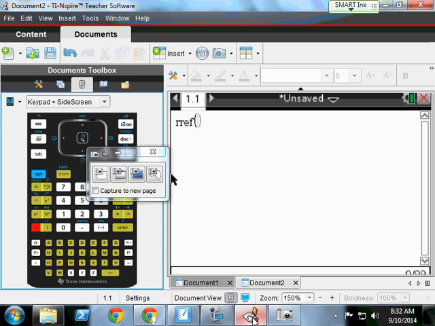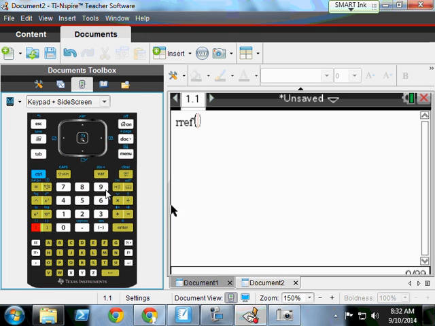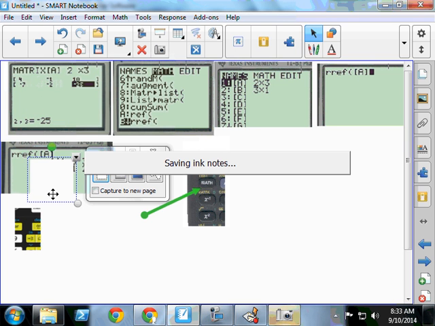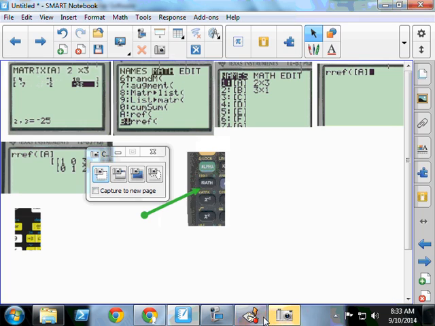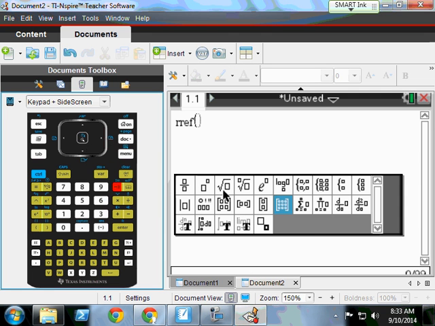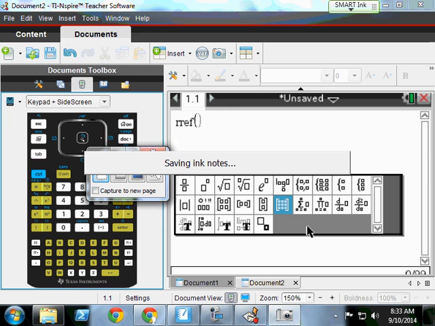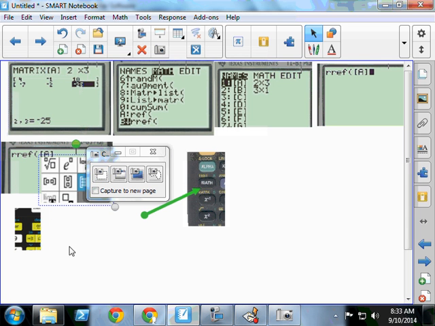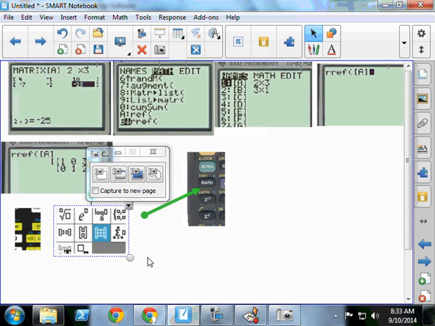And I want to use this, it looks like a 3x3 matrix. Maybe I got to let it snap that picture first. There we go. Good. So I use that.